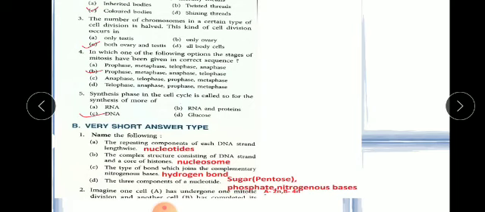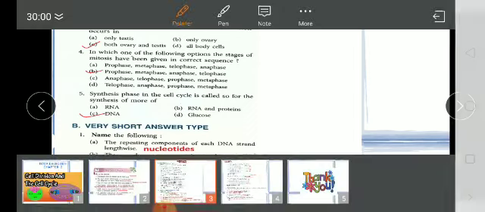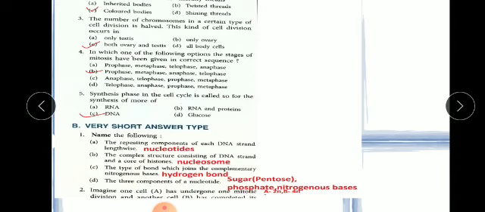Cell A, mitotic, we will get two daughter identical cells, so I have written here 2n. And meiosis, which is another type of cell division, we will get the 4 sex cells, or gamete cells. That's why I have written here 4n. So you will write cell A 2n and cell B 4n. You can elaborate your answer also, as I said, 2 daughter identical cells in cell A and 4 gamete cells you can write.